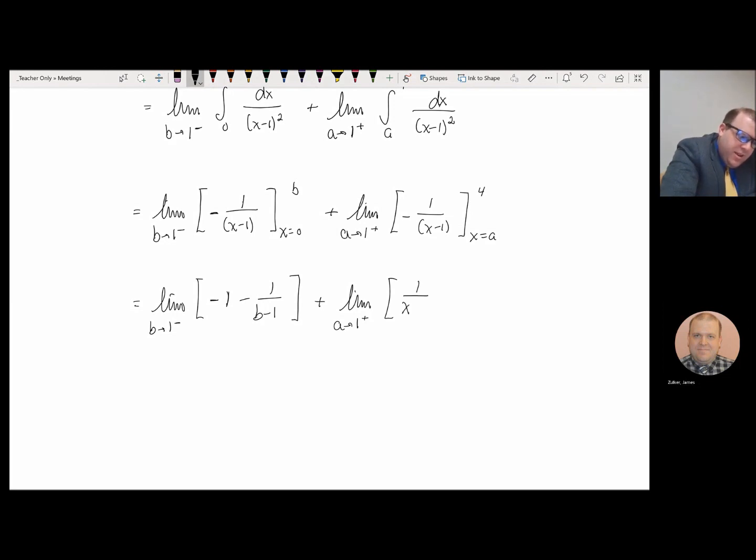We're going to get 1 over a minus 1, then minus when we plug in 4, which is a third. It wouldn't then be minus -1. It'd be -1 over b minus 1 plus 1, because of that negative on the outside.